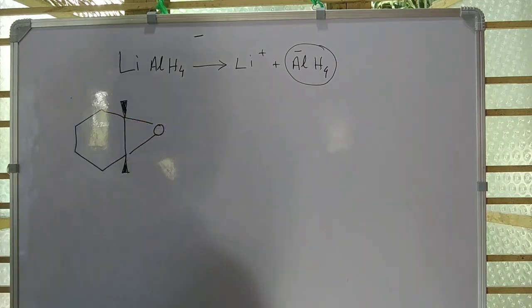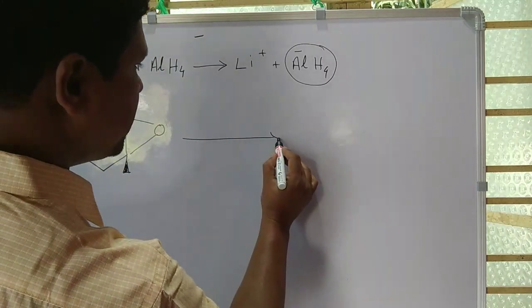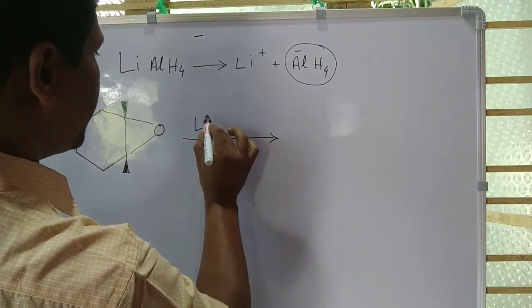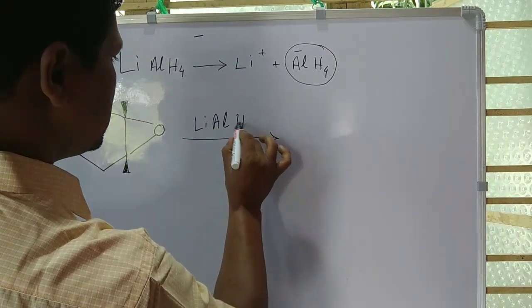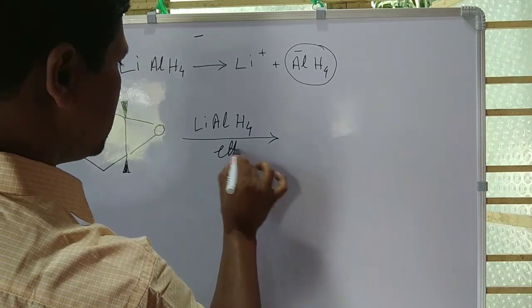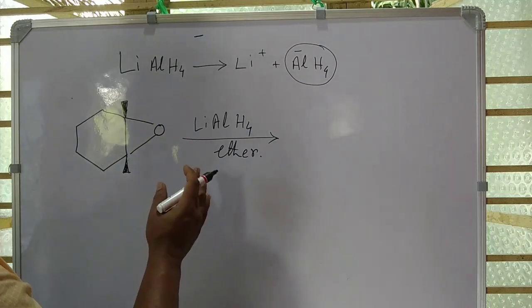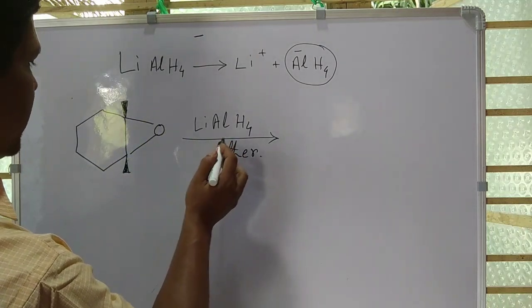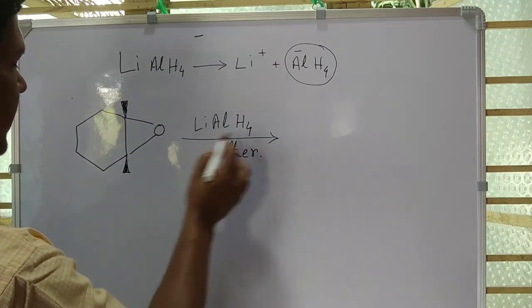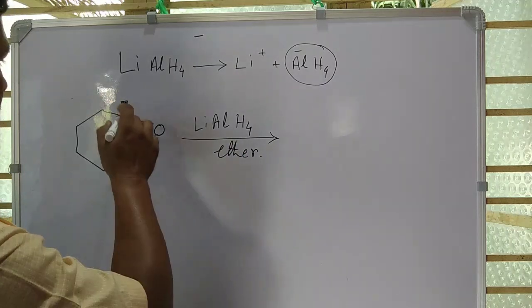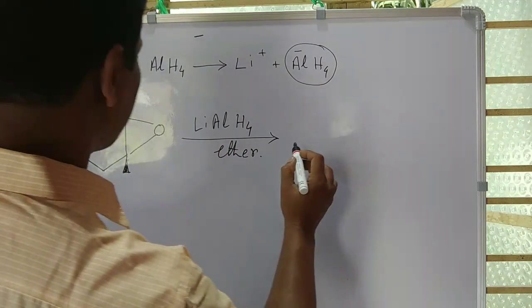This is the epoxide part. When it is treated with lithium aluminum hydride in ether, then its selectivity increases and hydride ion will add to this carbon or that carbon and we get the product.